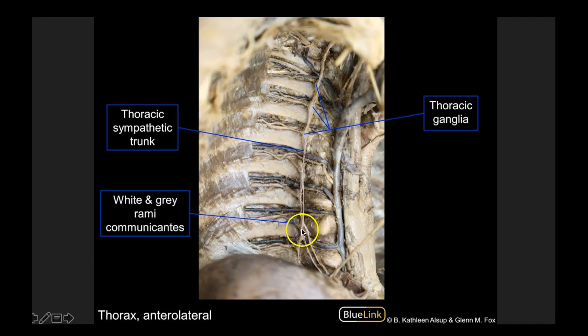Extending from the sympathetic chain, we can see these tiny branches laterally. These are called your white and gray rami communicantes.